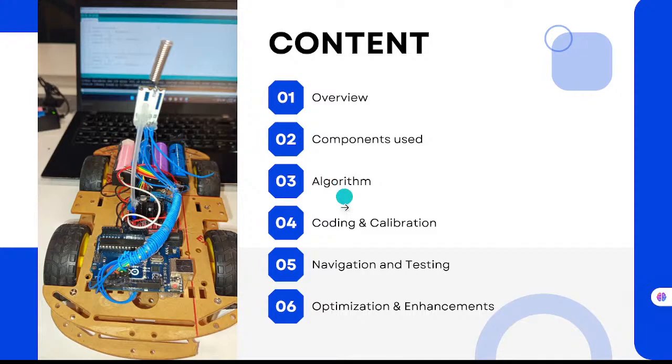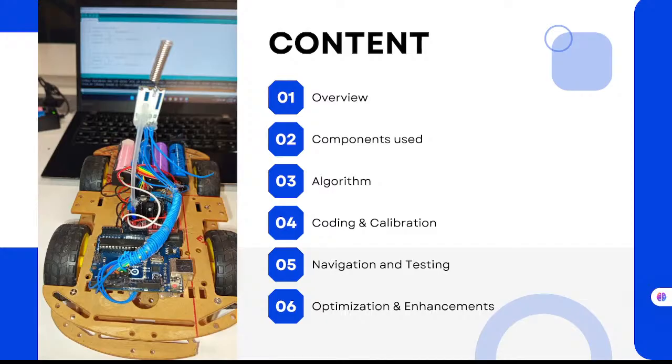So now we have coding. Coding is the programming language we are going to use, and the instructions we are going to give the robot for it to be able to move. Then we have navigation and testing. We are going to navigate to try and test the robot.